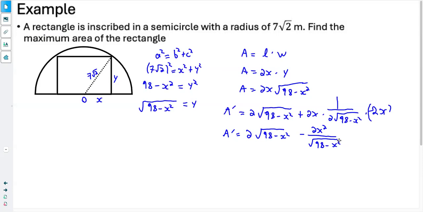Now, to make things simpler, we probably want these over the same denominator. So I would multiply this one by root 98 minus x squared over root 98 minus x squared. So that gives us A prime is equal to 2 times 98 minus x squared, minus 2x squared, and that's all over the square root of 98 minus x squared.